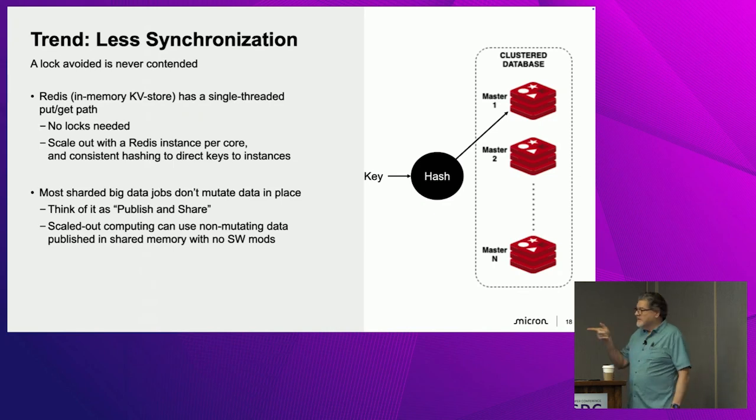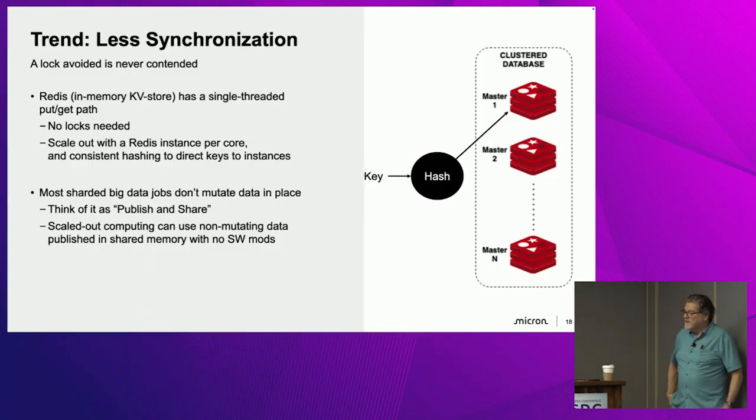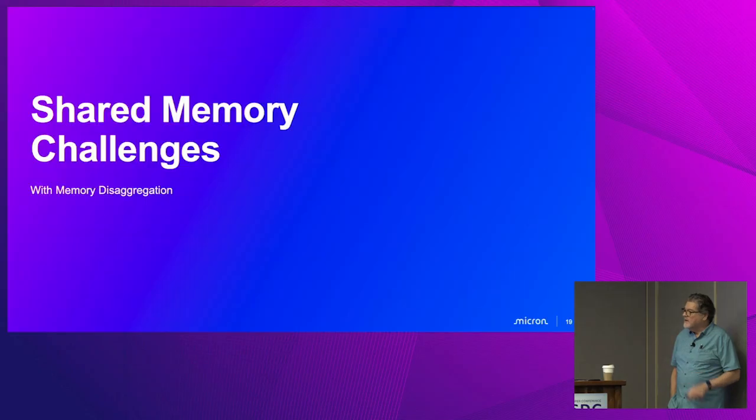And you use consistent hashing to figure out for a given key which instance it gets stored at. And so now Redis is lockless. I'm sure it does a few things that are lock-based. It has more than one thread in each instance, but only one thread is doing either a put or a get. And so, this is where we already are in computer science. We're already trying to avoid locks.